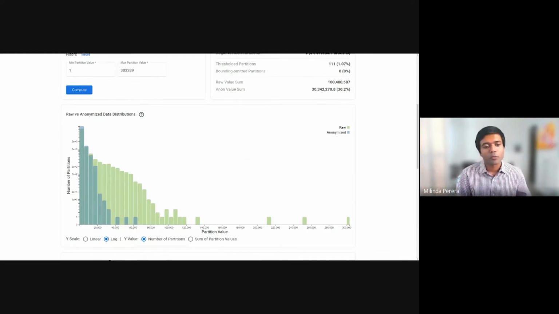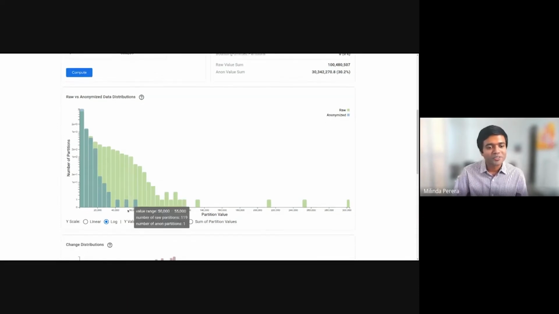And the y-axis is the number of partitions with values in that range. So if I select this one, you can see the value range is 60,000 to 65,000 movie counts, and there are 50 partitions with values in that range in the raw input, and in the output there's only one partition. As you can see, there's actually quite a big change.